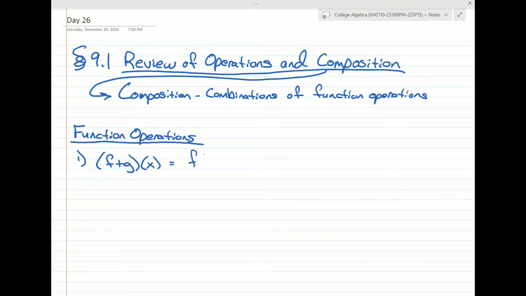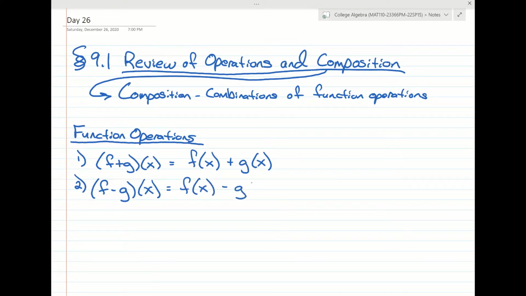This means you take f of x and you add g of x to it. Similarly, if you had a minus sign between them, you would take f of x and subtract g of x.